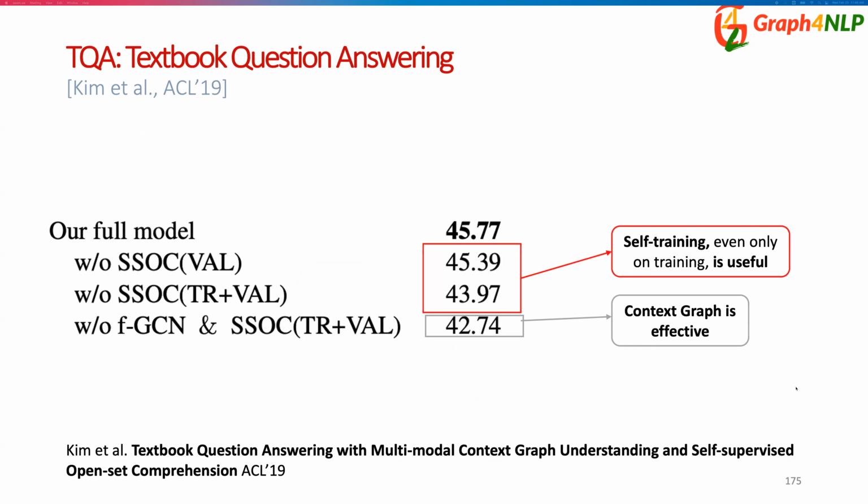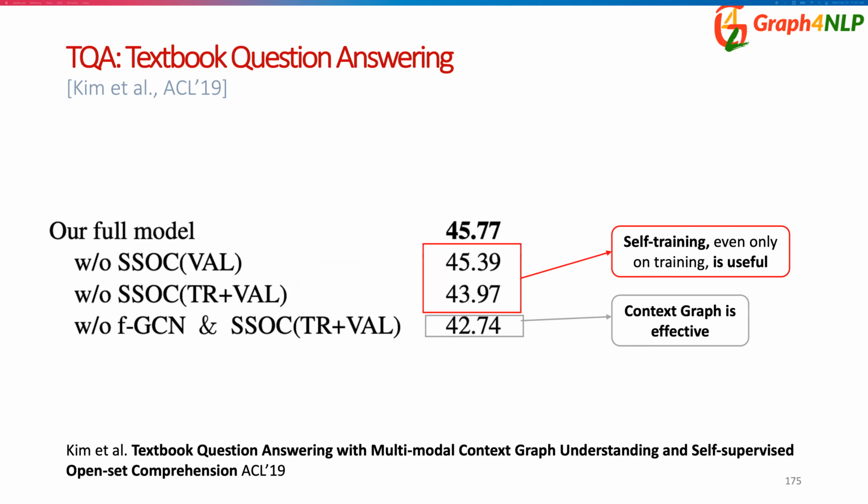So this is the application study. You can see the difference with and without self-training. With self-training, even just over the training data itself, it is useful, and constructing the context graph is very effective. Both elements, constructing the context graph and self-training, are important.